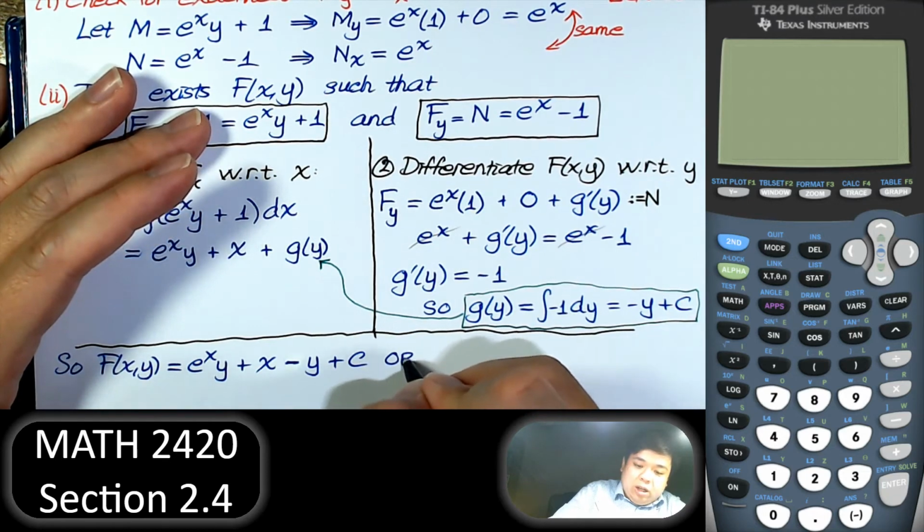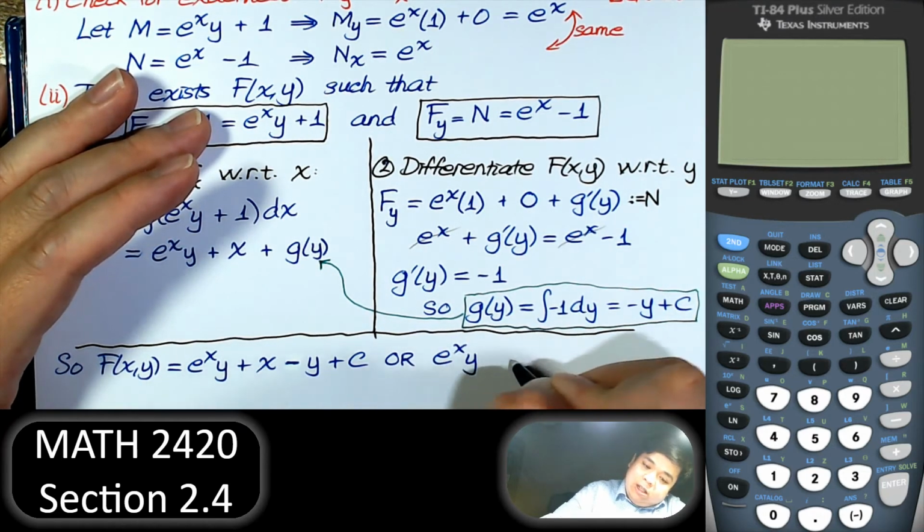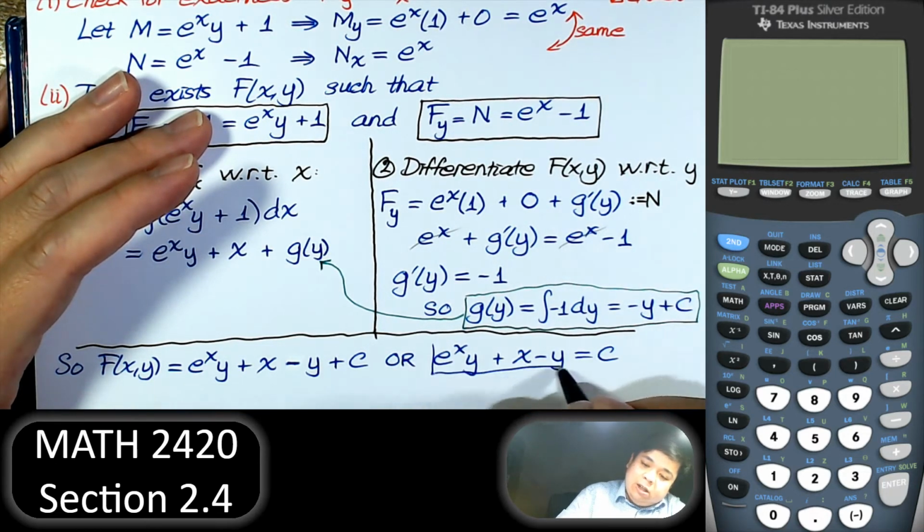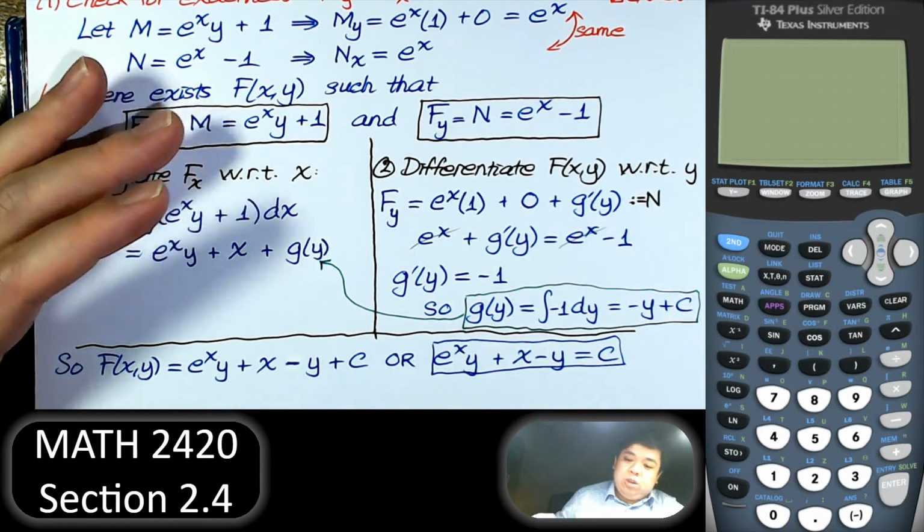Or we write the equation as e to the x times y plus x minus y equal to c. Right. So that is the general solution.